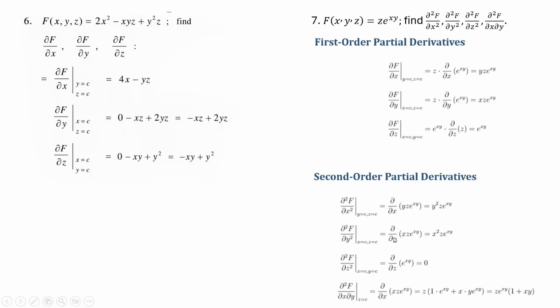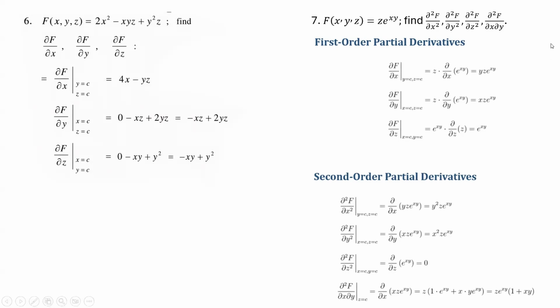And if we differentiate according to y, the x will come to the front and it will become x^2 z e^(xy). And for z, we got e^(xy) from the first derivative, and there is no z part in it, so the differentiation will become 0 as we take it as a constant.